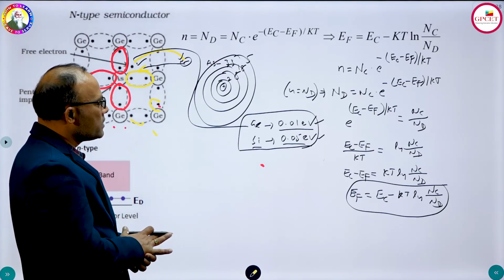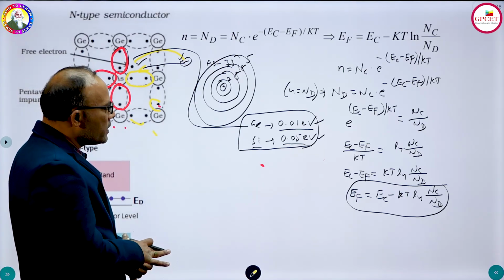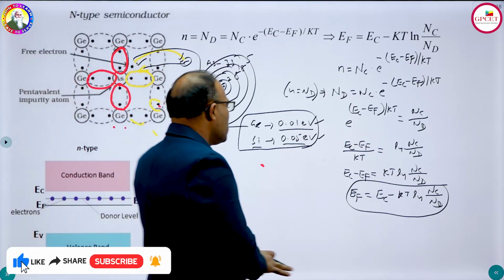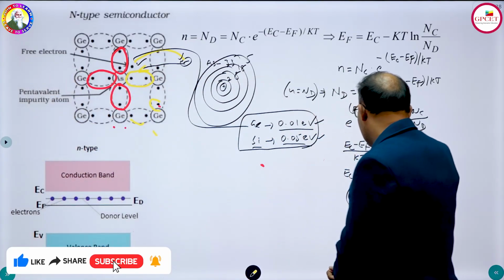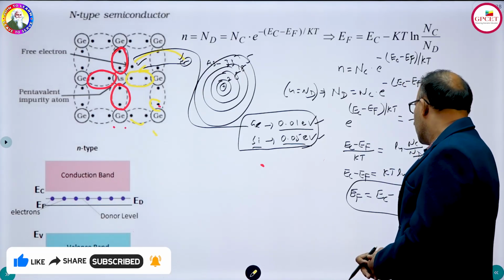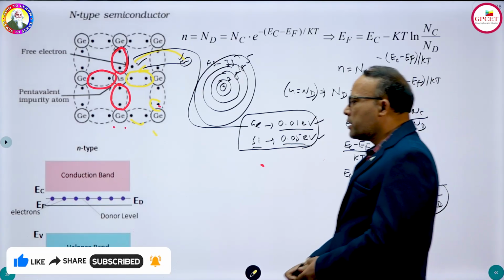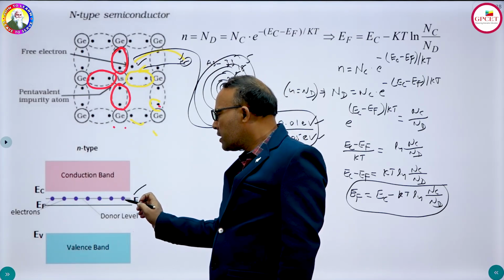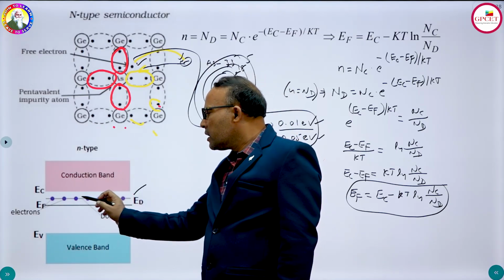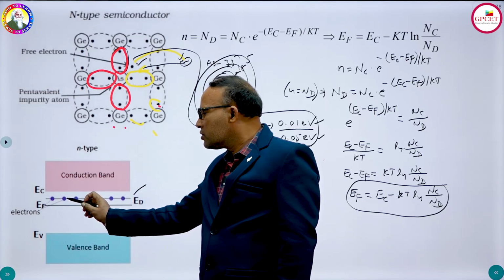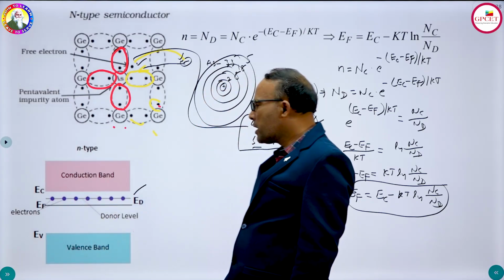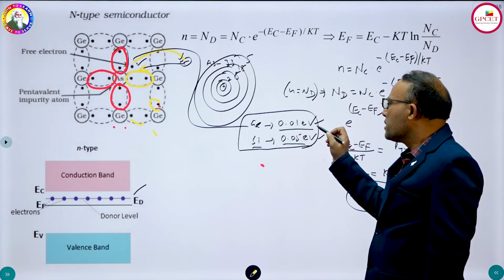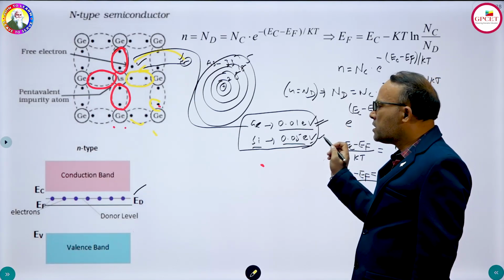So, it is lying very near to the conduction band. You can observe here that the Fermi level moves towards the conduction band, and the donor level is also near the conduction band. This is called the donor level Ed, where electrons will be filled, and this electron jumps from this point to the conduction band just by applying a very small energy, which is 0.01 electron volts if it is germanium and 0.05 electron volts if it is silicon.